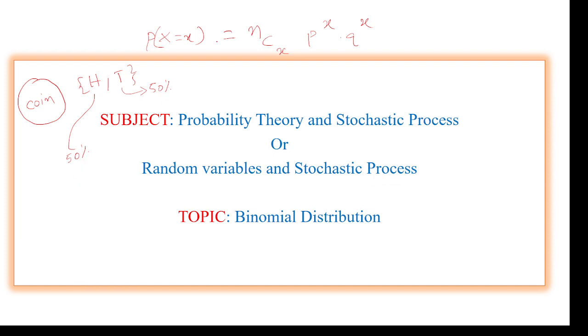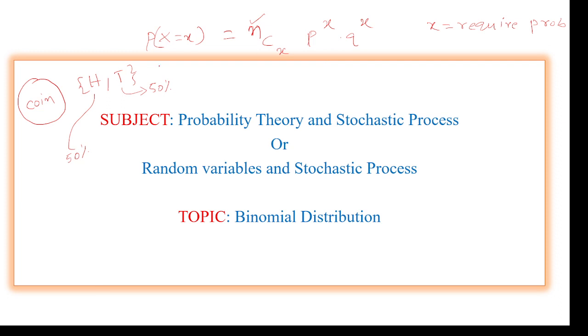In that case, the binomial distribution is given as nCx into p power x into q power n minus x. Here x is the required probability, and n is the number of times the experiment is repeated.